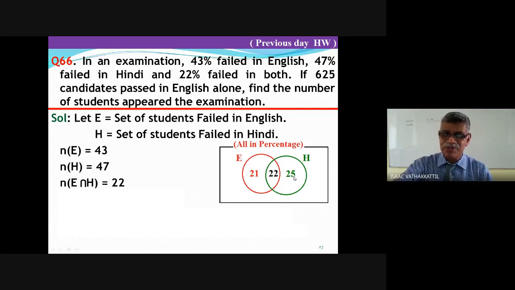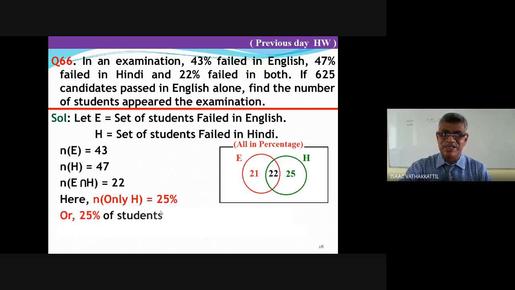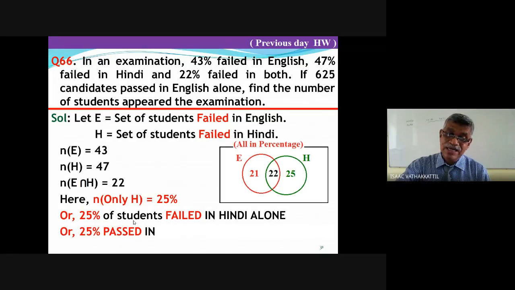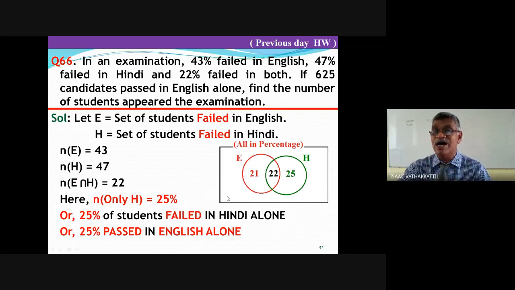That 25% who failed in Hindi alone, only Hindi, means 25% passed in English and only English, because they failed in Hindi. 25% passed in English alone, which is given as 625.